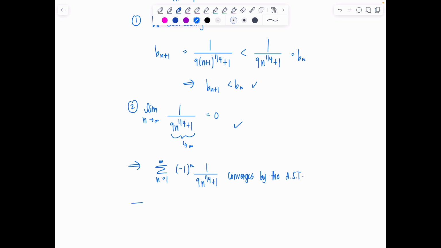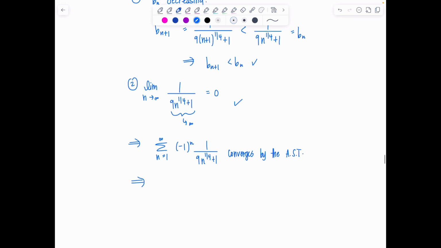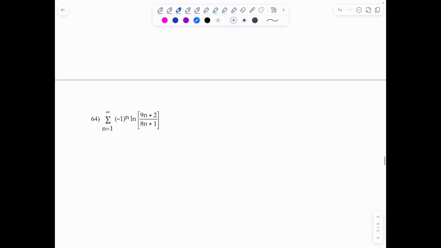And to answer the original question, the sum, n equals 1 to infinity, of negative 1 to the n, 1 over 9n to the 1/4 plus 1, converges conditionally. So of the three options, converging absolutely, converging conditionally, or diverging, this one converges conditionally.